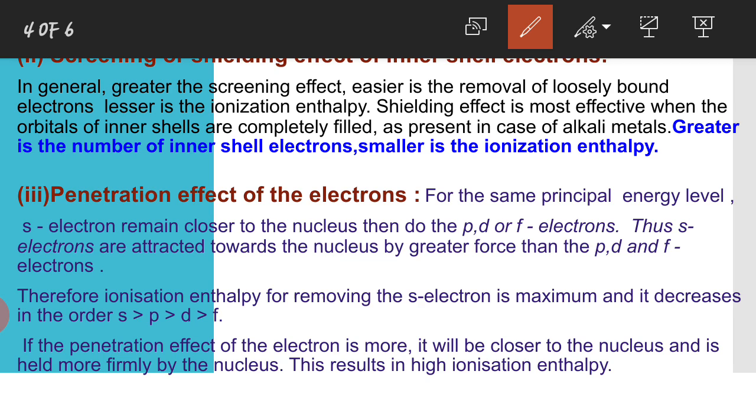Therefore, ionization enthalpy for removing the s electron is maximum and it decreases in the order s, p, d, f. S is greater than P, P is greater than D, and D is greater than F. If the penetration effect of the electron is more, it will be closer to the nucleus and is held more firmly by the nucleus. This results in high ionization enthalpy.